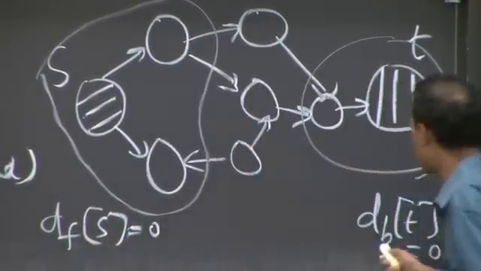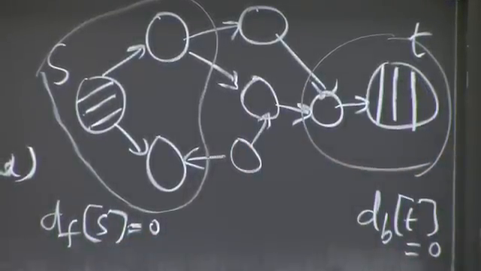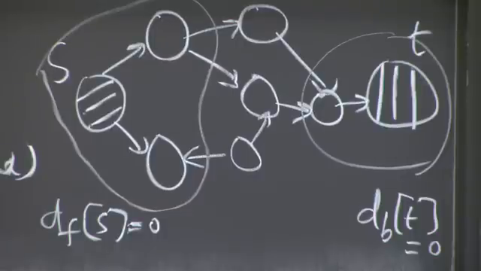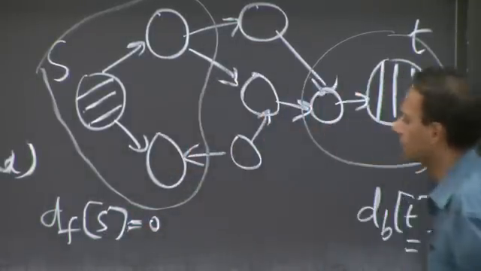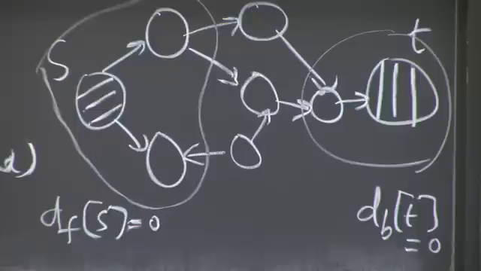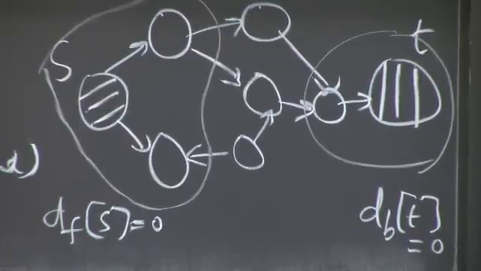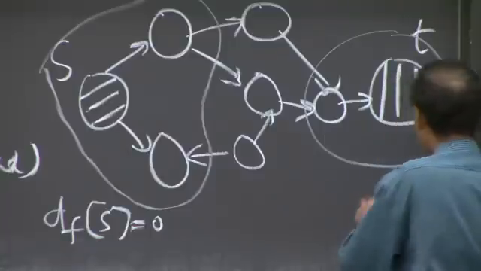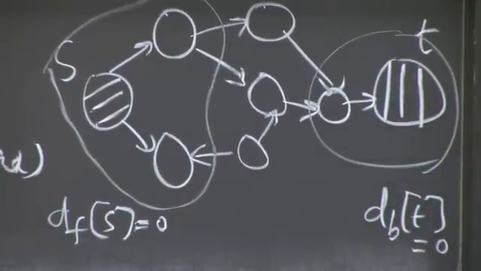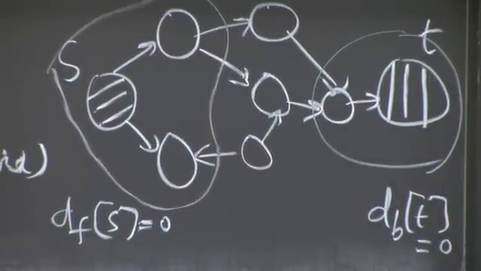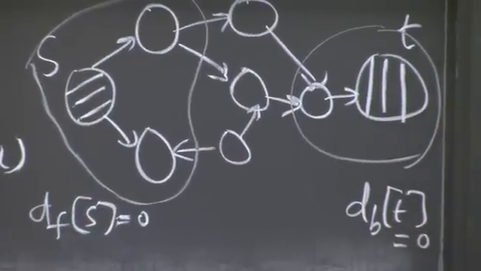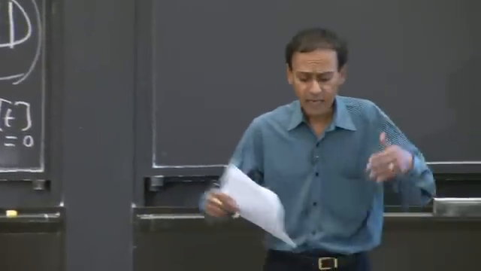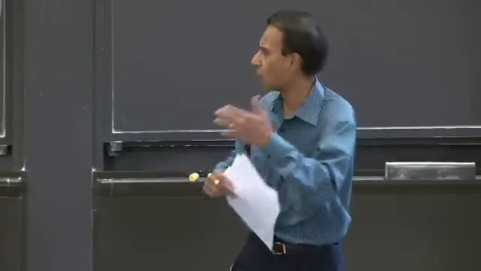These subscripts correspond to two different priorities, and it's exactly complementary. Only the source S in the forward search has 0 priority at the beginning. Everything else has infinite priority. Only the target or destination has 0 priority in the backward search. Everything else is infinity. And you go forward, backward, and so on.